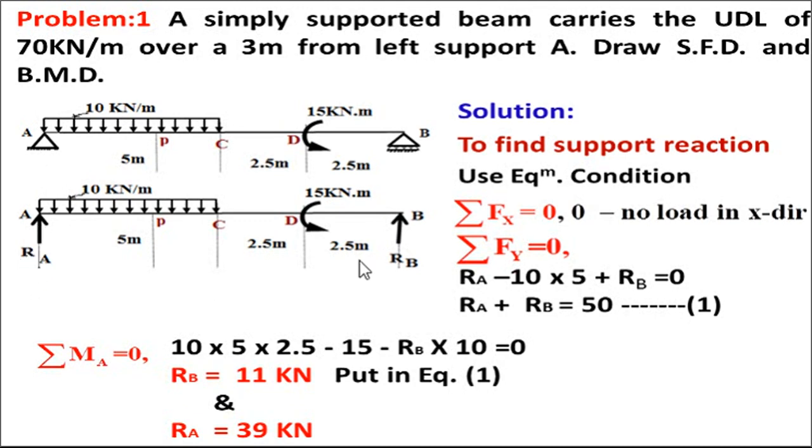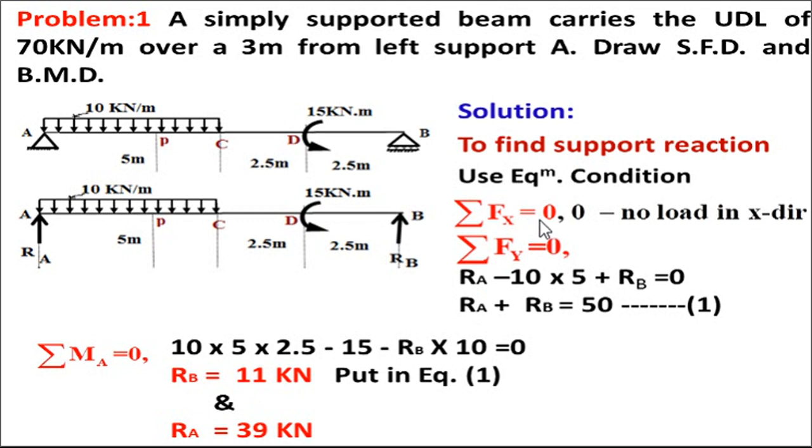Okay, so RA plus RB equal to, what will be the total load, 10 into 5. Okay, because moment is not a load. Moment is not added in Fy. Moment will be added only in the moment equation, that is the third equation.